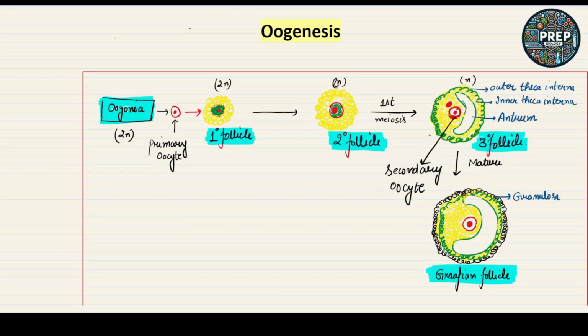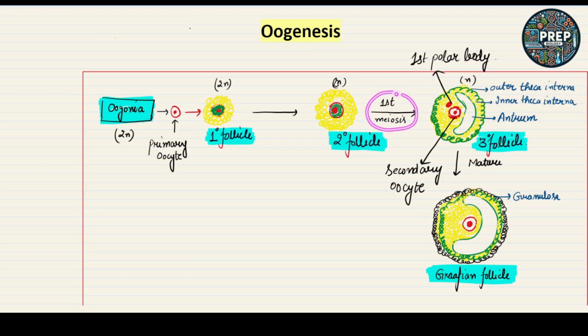One is the secondary oocyte and another is the first polar body. I hope this is clear to you all. So remember, when the tertiary follicle forms, the primary oocyte undergoes the first meiotic division and forms the secondary oocyte and the first polar body.